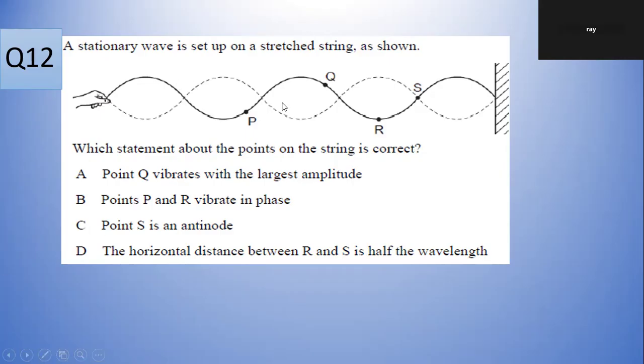It's either A or B. Cannot be, Q is not the largest amplitude. The largest amplitude is at the antinode here. Points P and R vibrate in phase. Yes, but Q is the largest among all of them. No, the largest is at the center here, the maximum. No, Q is the largest among P, R and S.